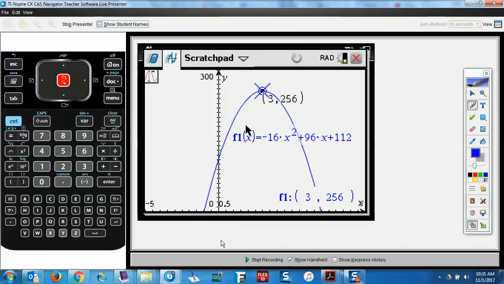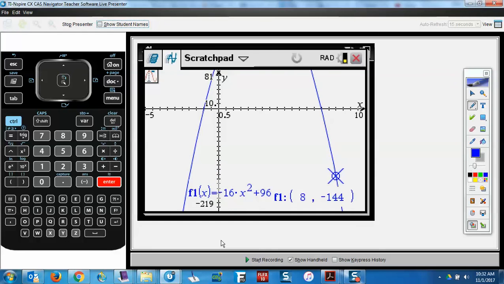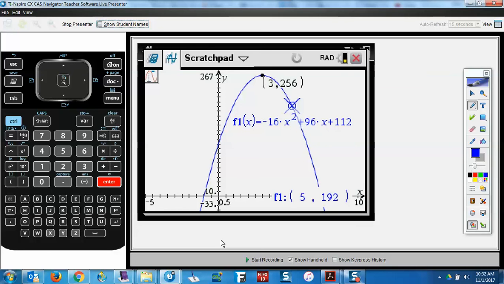Yes, here's your window. Your window would be negative 10 to 10, but you probably don't need that much negative, so maybe negative 2 to 10.